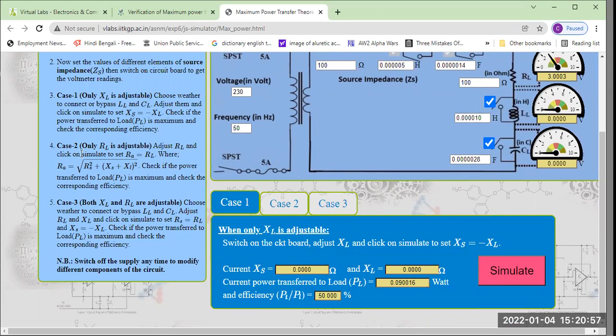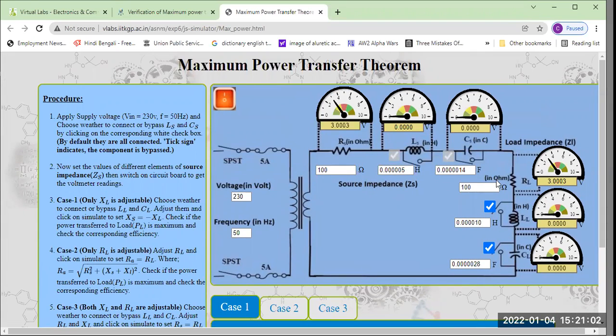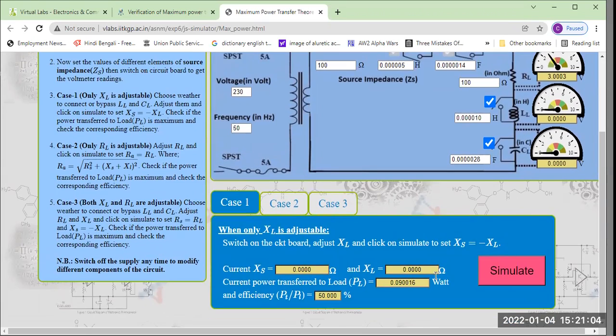Now in case 2, only RL is adjustable. So we have seen that if I change this RL, then only maximum power will be transferred over here. Okay, so click on the simulator, RA equal to RL, where RA is the square root of RS squared plus (XS plus XL) whole squared.